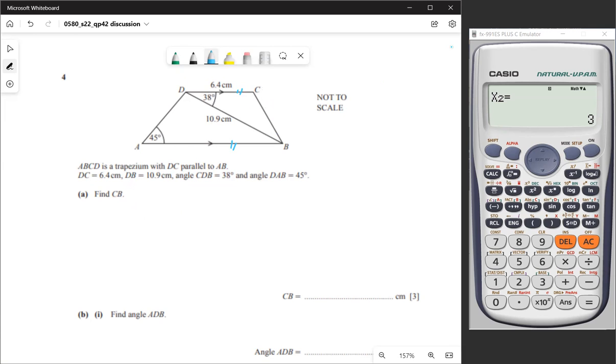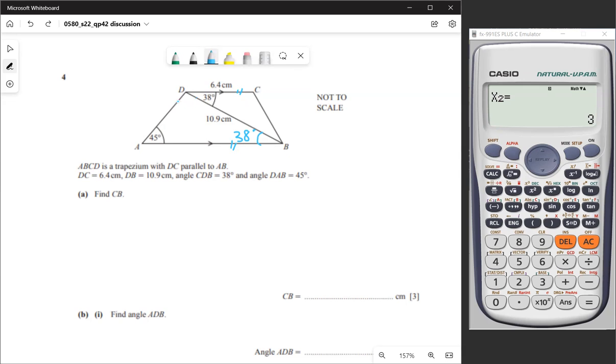Now look, in this case, all we have to do is, we have an angle given right here. Okay, fine. These lines are parallel, so this angle must be how much? 38, right? If that angle is 38, then how much is this angle?